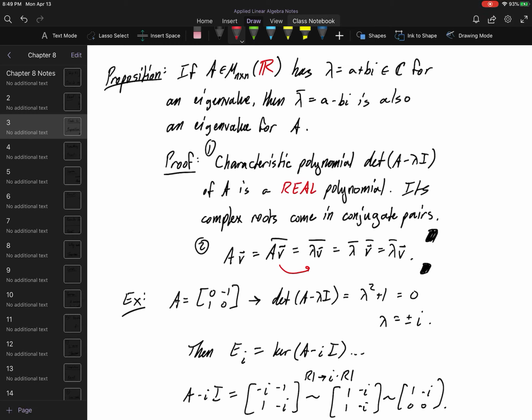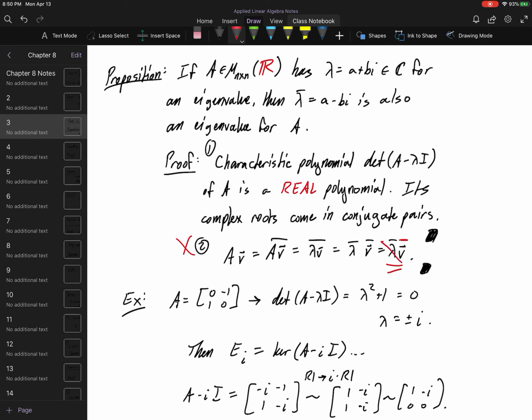Then the conjugate of a product is the product of the conjugates, and remember, V is a real vector here for all intents and purposes, which would mean that you would wind up with this for this lambda. Actually, very technically, I think this proof might not actually work, because V itself necessarily has to be a complex vector.